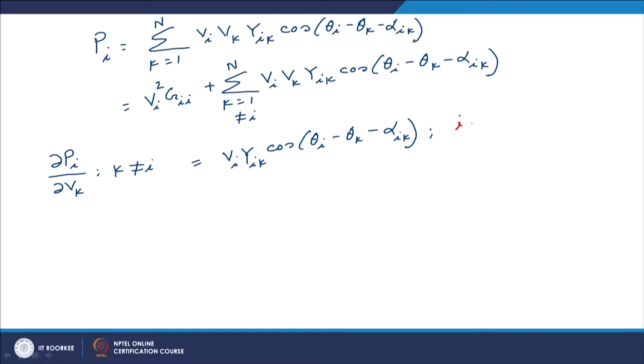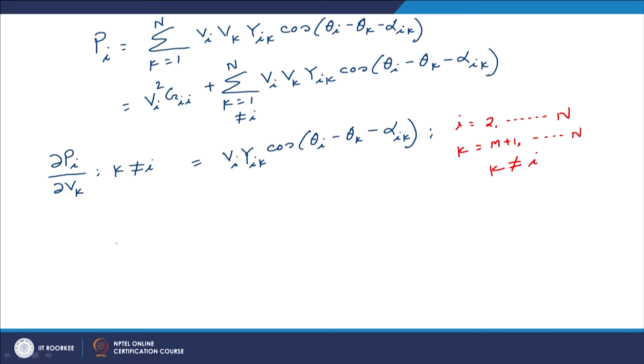This would be for i going from 2 to n, and k varying from m plus 1 to n, and k is not equal to i.